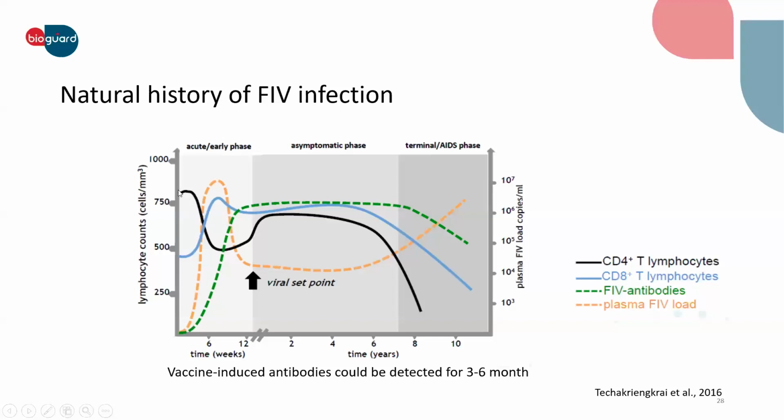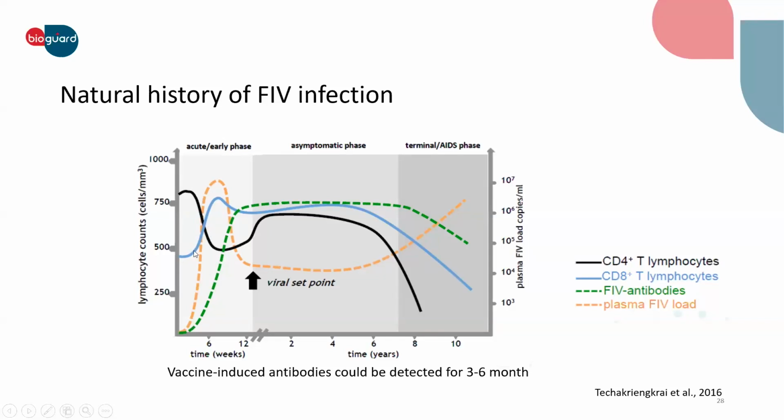Once the cat is infected with FIV, the CD4 T cell will start to drop. You can see the line here. And the CD8 T cell, which is related to cellular immunity, will start to increase.